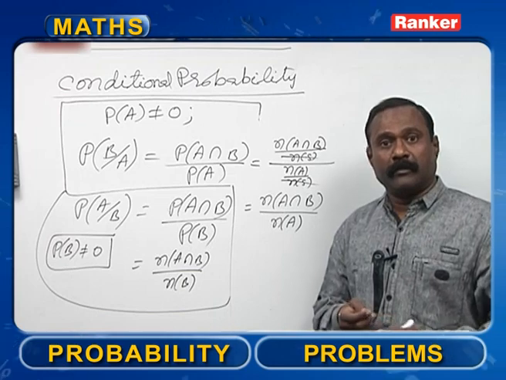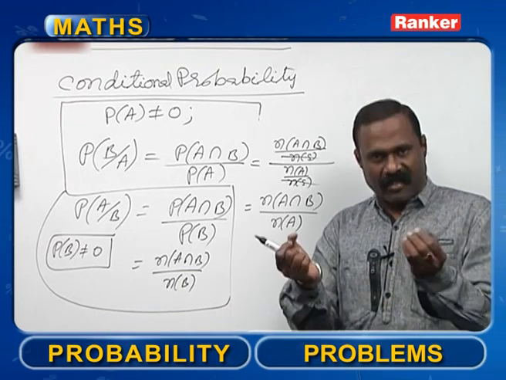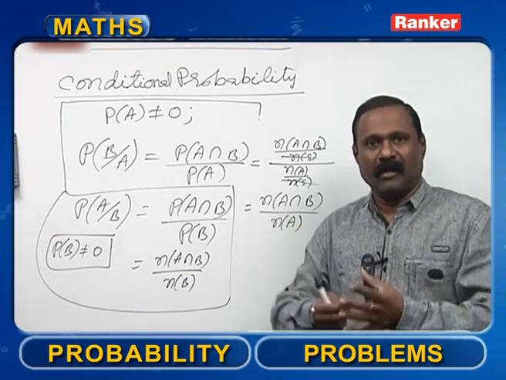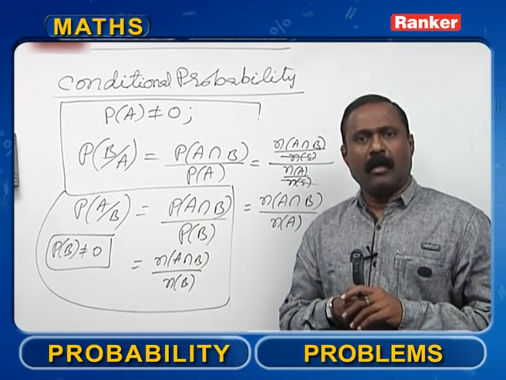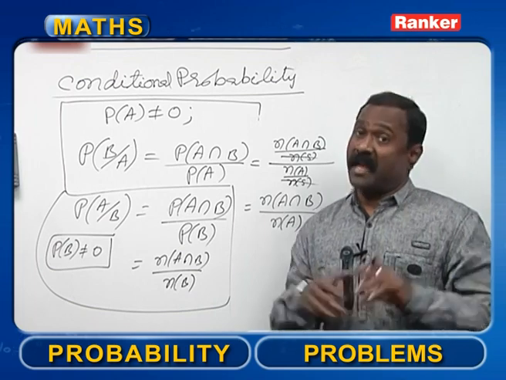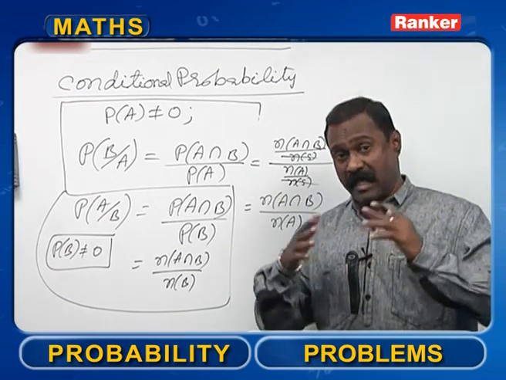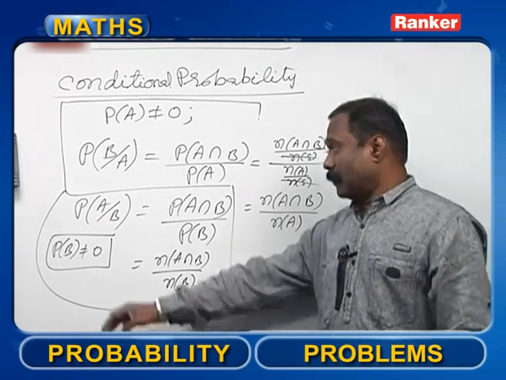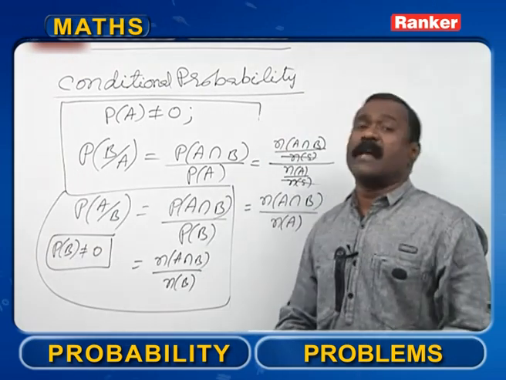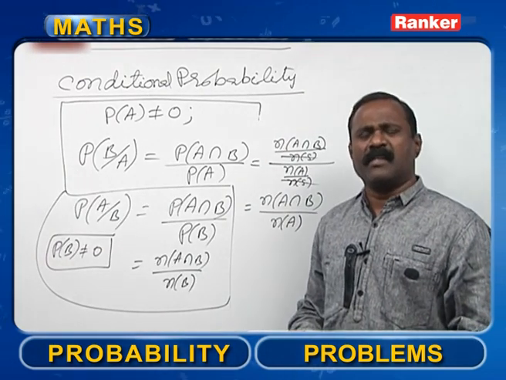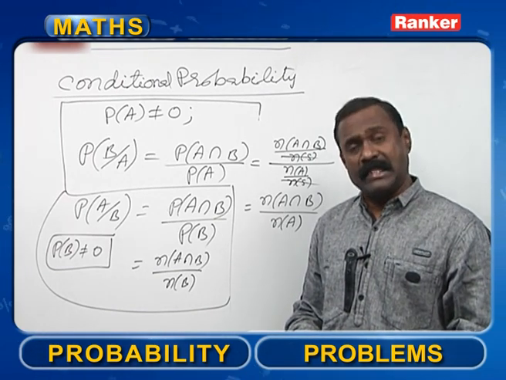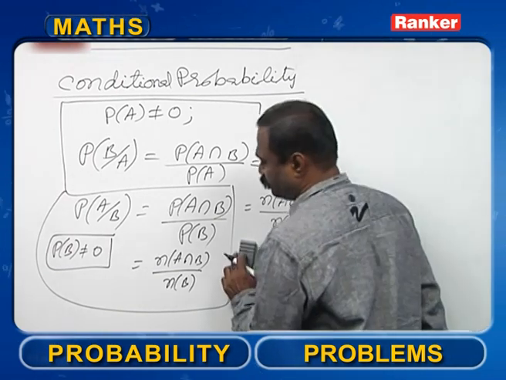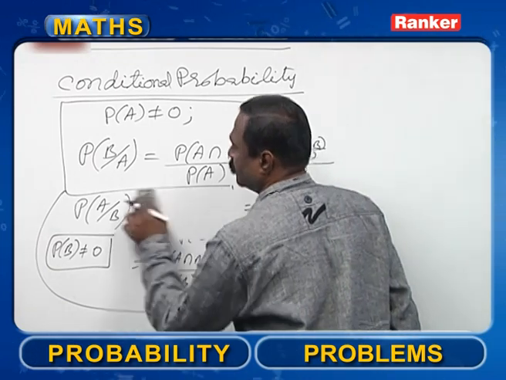If I take an example, two dice are taken and thrown, and it is given that the sum on the dice is 8. Then I ask you a question: what is the probability of getting number 2 on the dice?